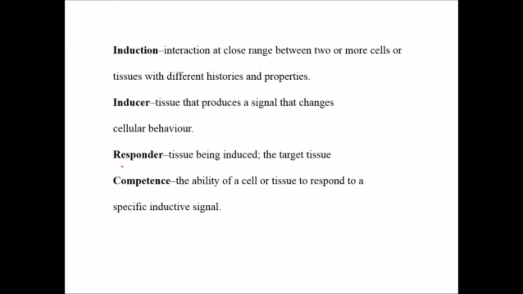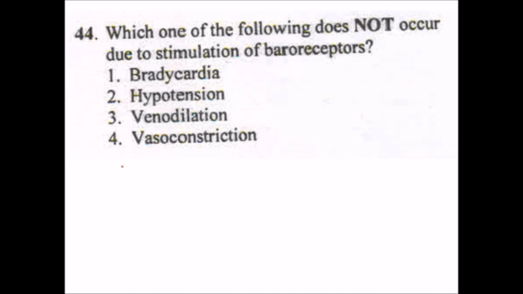Induction is the interaction of 2 cells which differ in their histories and properties, and the inducer is the tissue that produces a signal that changes the cellular behavior, and obviously the target cell will be the responder. The ability of a cell or tissue to respond to a specific inductive signal is known as competence. So the answer will be competence.